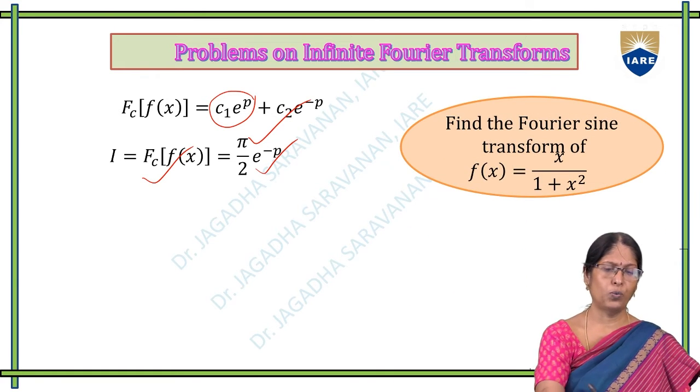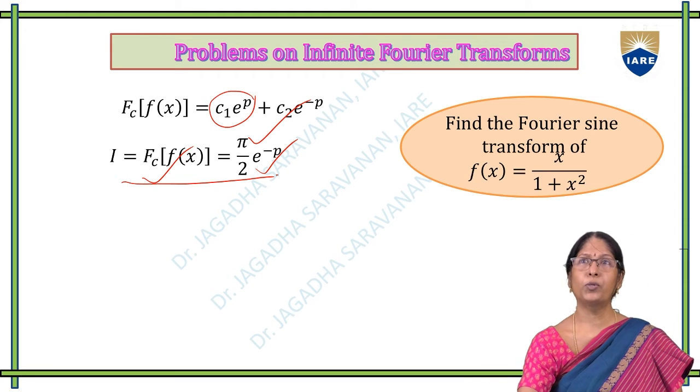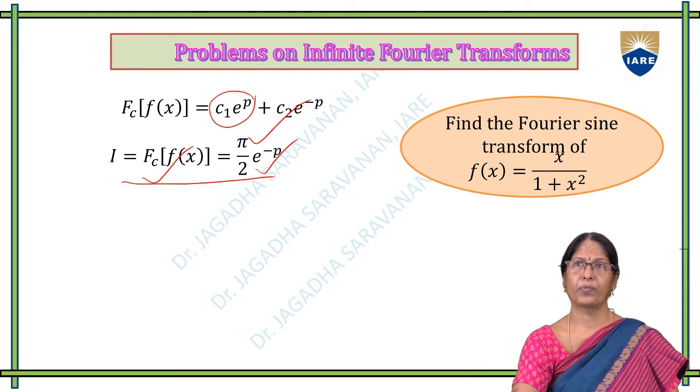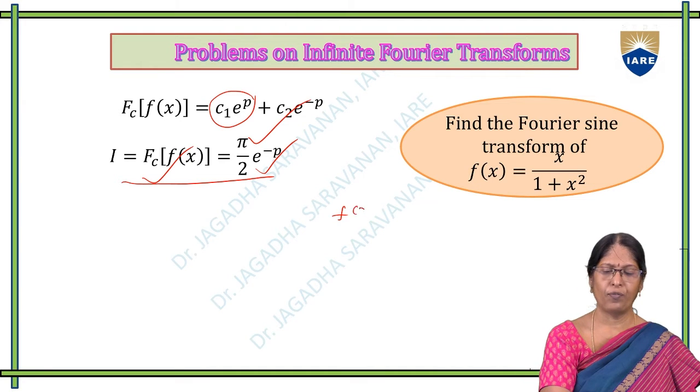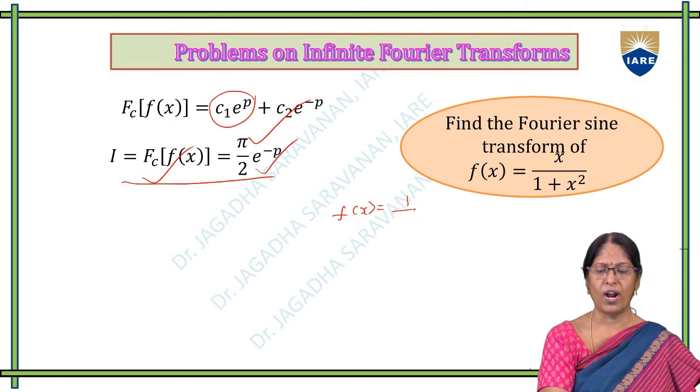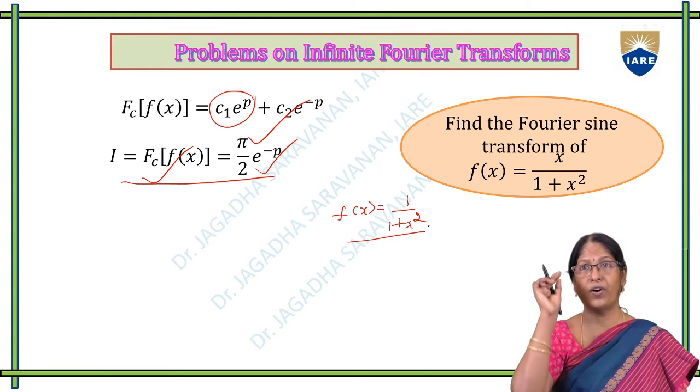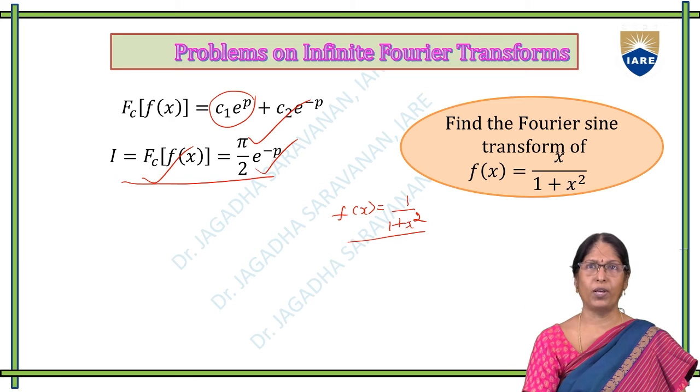So the first part of the problem, find the Fourier cosine transform of the function f of x equal to 1 by 1 plus x square, this is the first part of our problem that we solved.